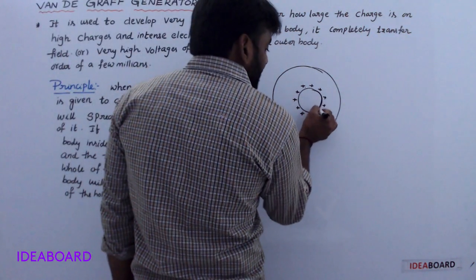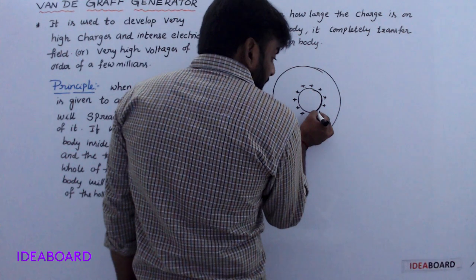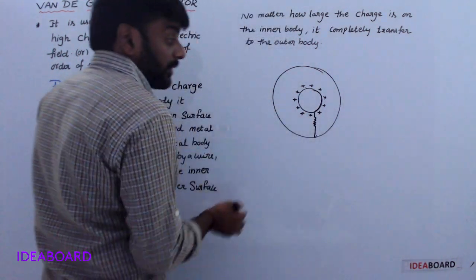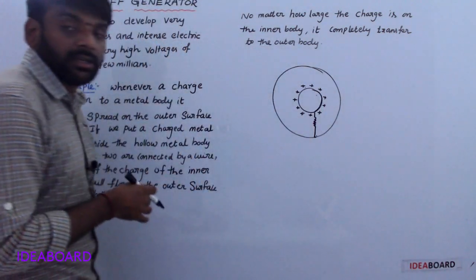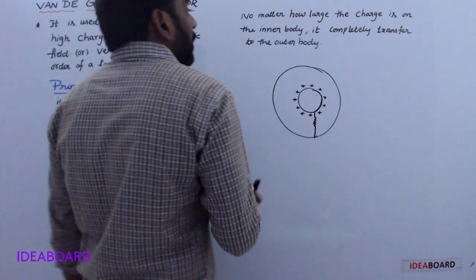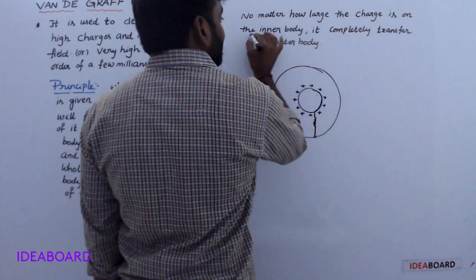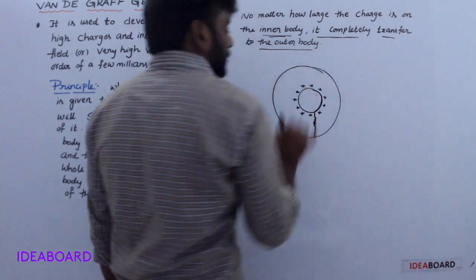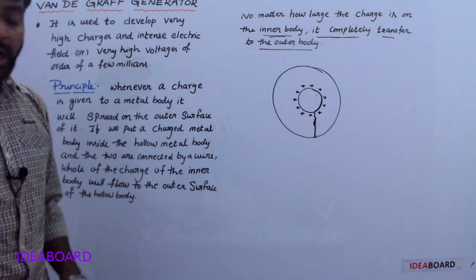That means the total charge is transferred to the hollow body, from higher potential to lower potential. No matter how large the charge is on the inner body, it is completely transferred to the outer body.